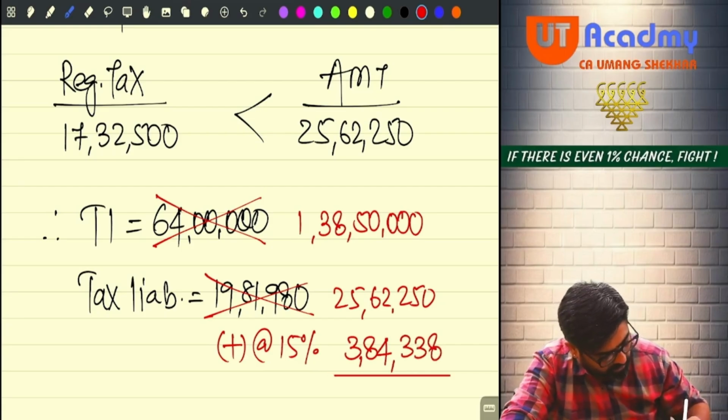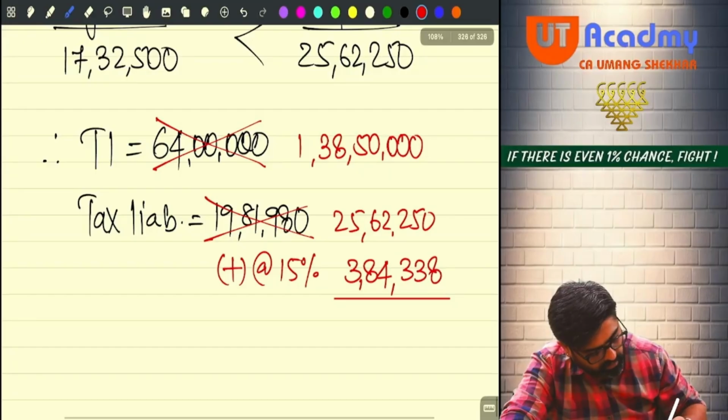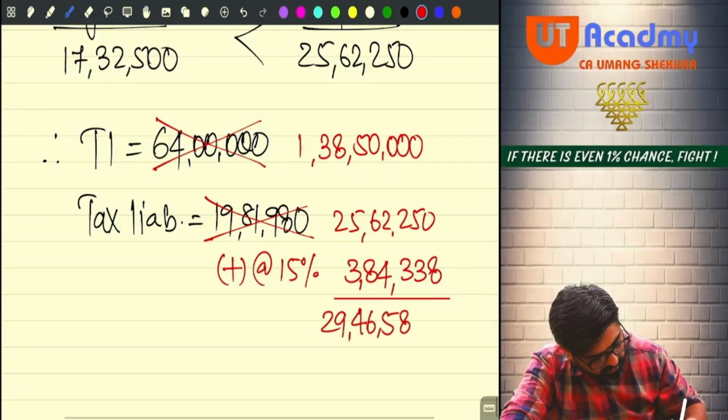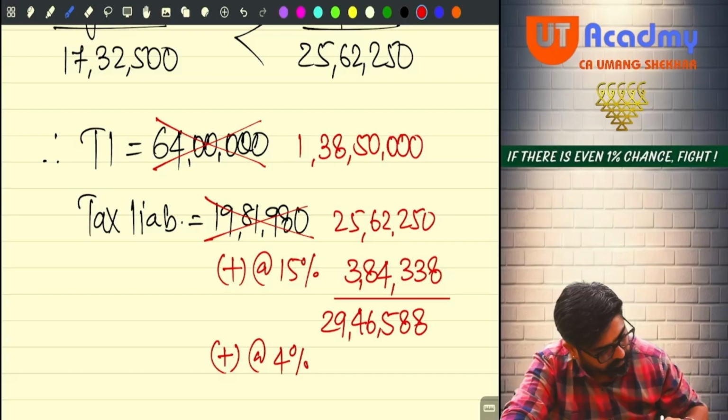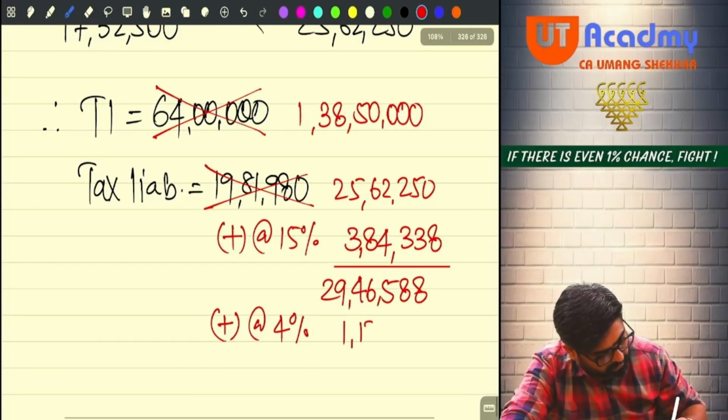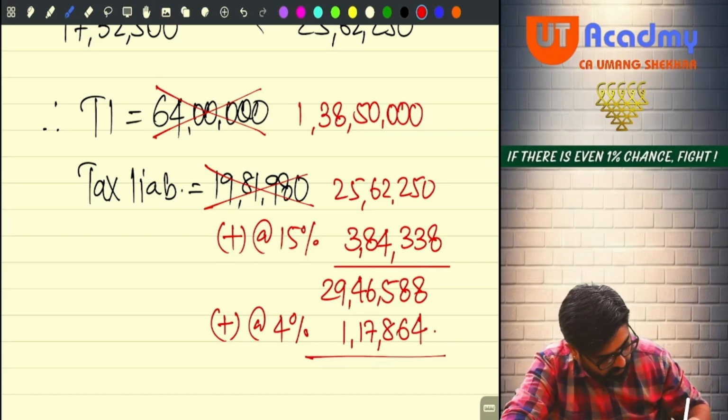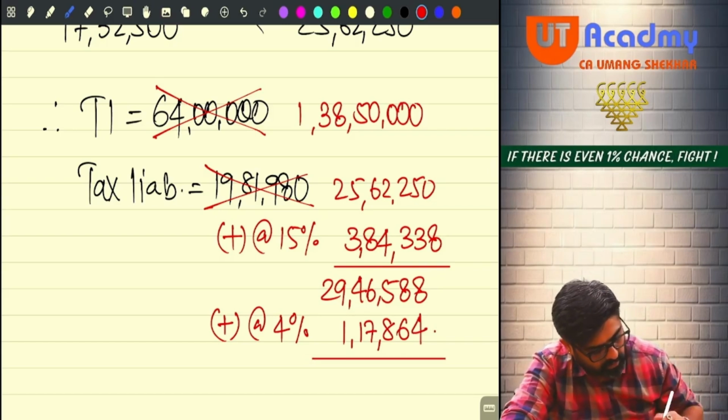Okay, now add both of them. You are going to get 29 lakh 46,588. Now you have to add 4% cess, which will be 1,17,864.